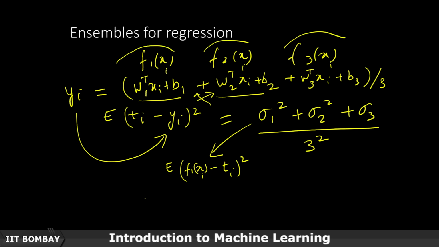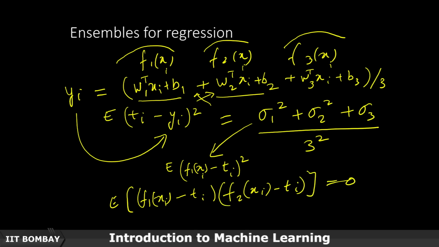So here we will assume that the expected value of f1x minus ti times f2x minus ti is 0; the errors are going to be uncorrelated. Only then is this possible.